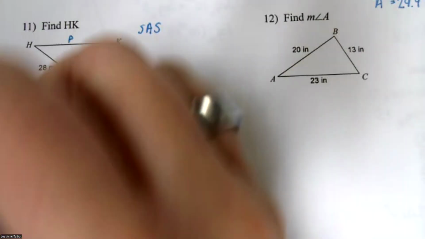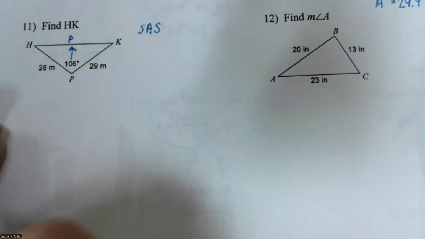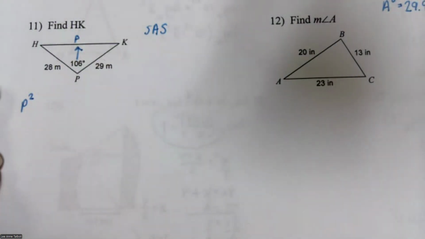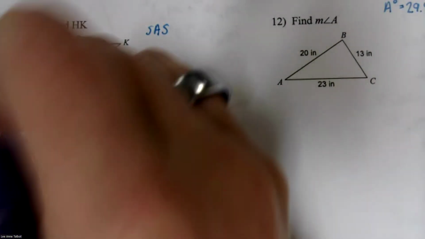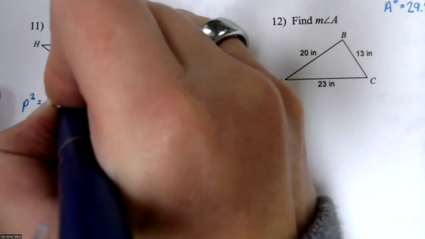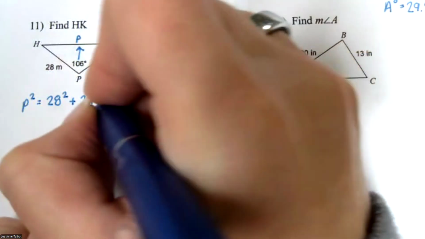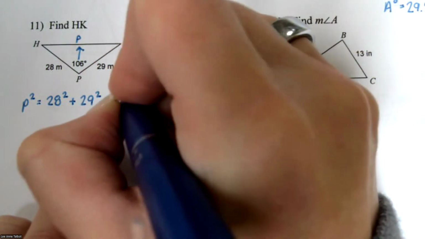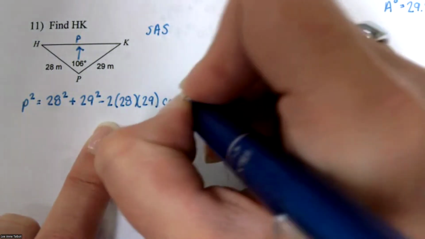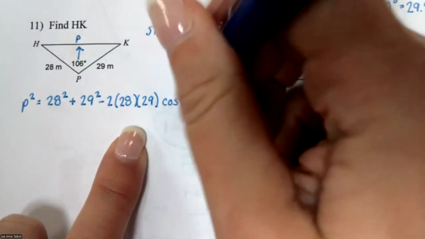Okay, so law of cosines goes like this. You start with the side across from the angle that you have every time. E squared equals side squared plus side squared minus 2 times side times side times cosine of the angle between.